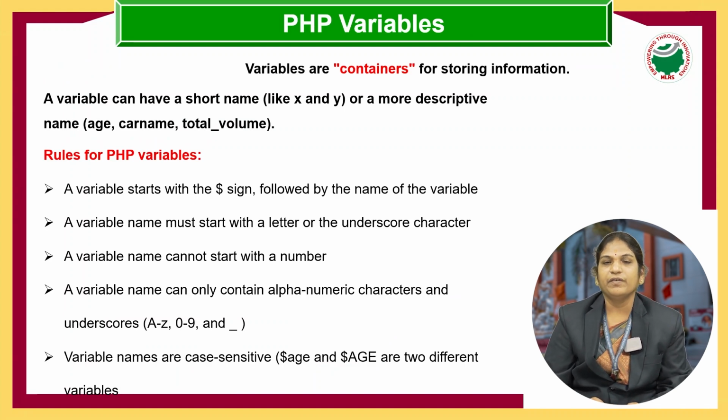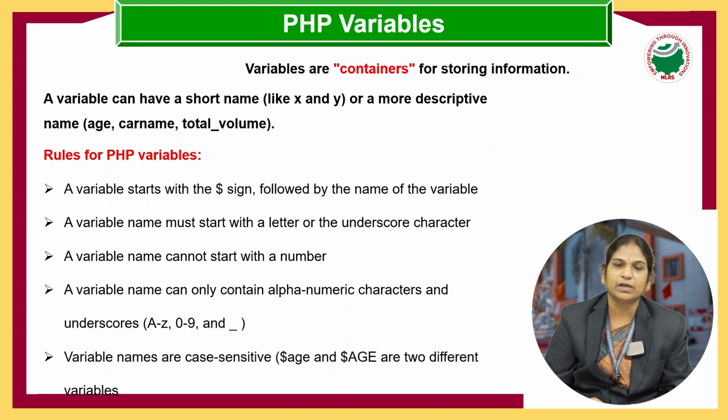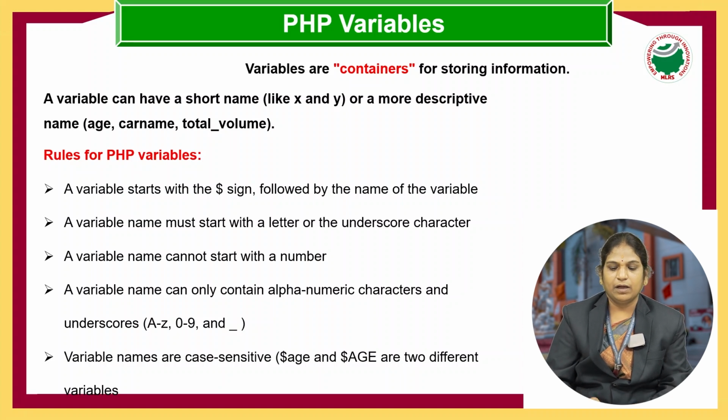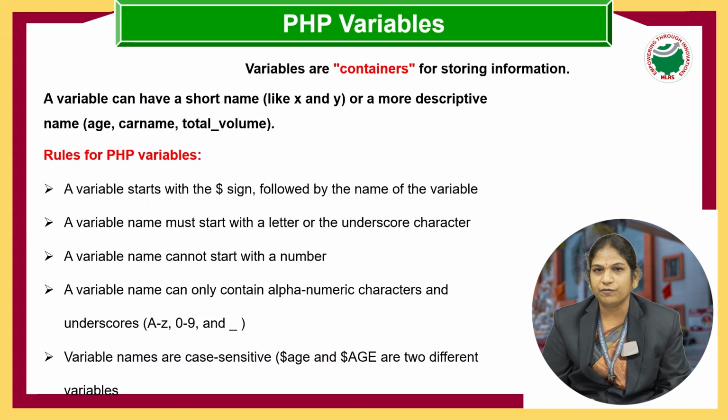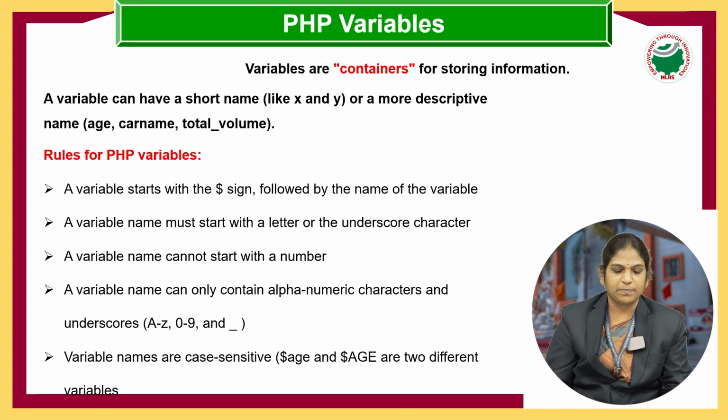And what is a variable? A variable is a temporary location for storing the information or the value we are defining or assigning. Variables are containers for storing information for temporary purposes.